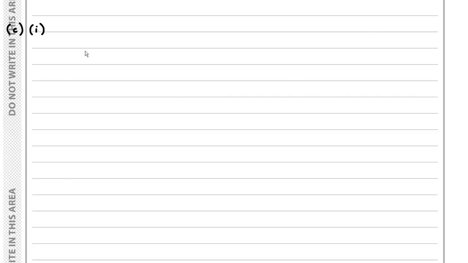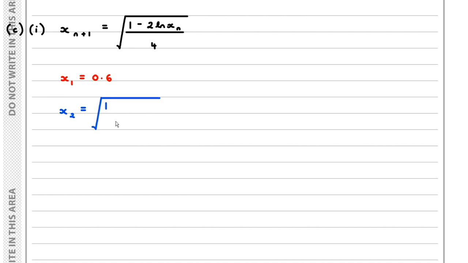To begin with, we have the iterative formula shown here, and we know that x1 is equal to 0.6. So x2 will equal the square root of 1 subtract 2 times the natural log of x1 over 4, which is the square root of 1 subtract 2 times the natural log of 0.6 over 4.